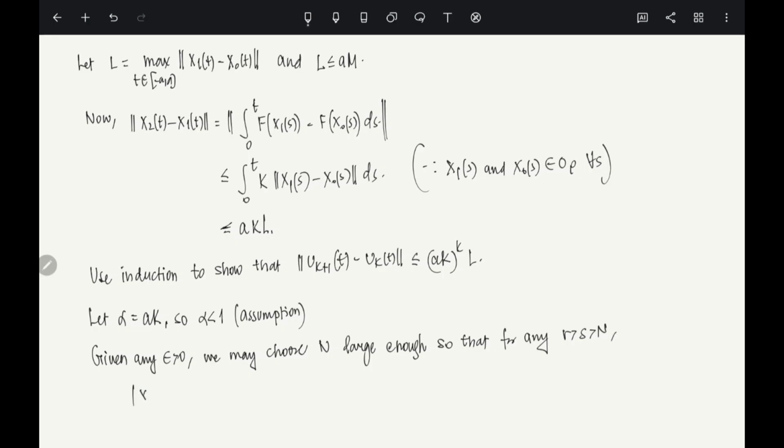The norm of x_r(t) minus x_s(t) is bounded by the summation from k equals n to infinity of the norm of x_{k+1}(t) minus x_k(t), right? This is again dominated by the summation from k equals n to infinity of alpha^k times L, right? Clear? So this you can do.